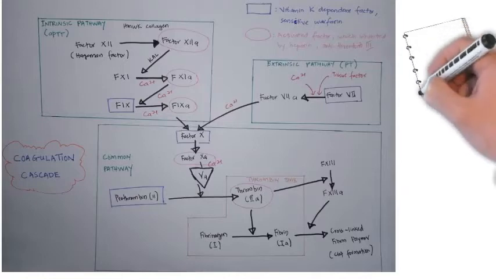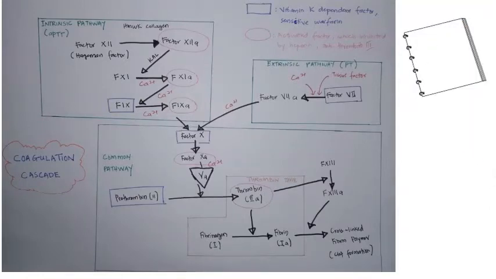Factor 9A acts as a catalyst to activate factor 10 to factor 10A. This is known as a cascade. When each factor is activated, it goes on to activate many more factors in the next step. The intrinsic pathway is clinically measured as activated partial thromboplastin time, APTT.